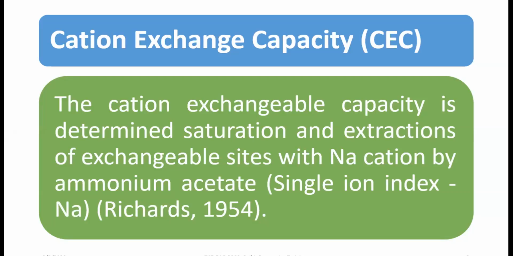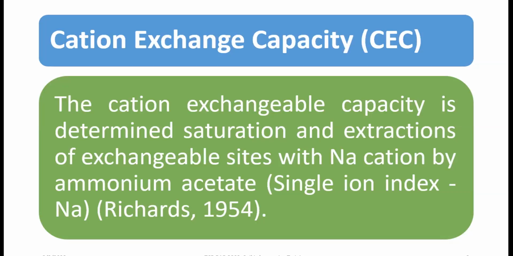The process is very straightforward, starting with saturation of exchangeable sites of the soil with sodium. Then this sodium will be extracted from the exchangeable sites by using ammonium acetate.